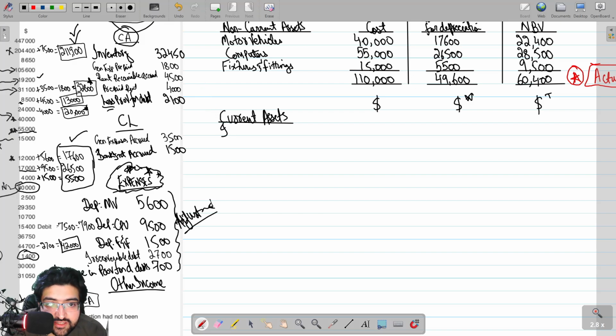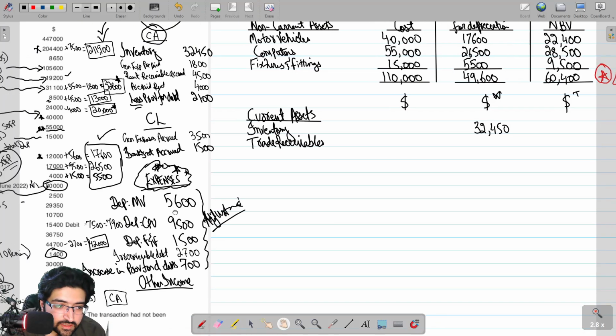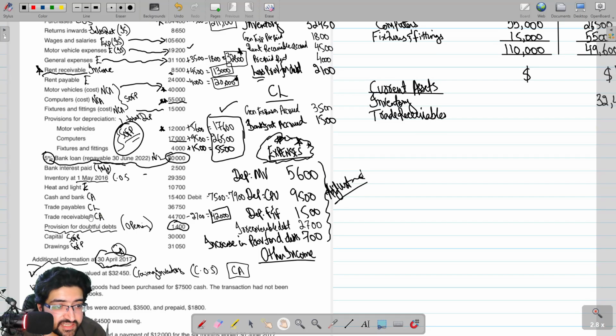So inventory is usually your least liquid asset because it takes time to sell inventory and convert this into cash. Which inventory will come? Closing inventory. So 3, 2, 4, 5, 0. After this, we usually record our trade receivables, which are given in the question over here. Trade receivables are 42,000. Take a new value. Use the new value.